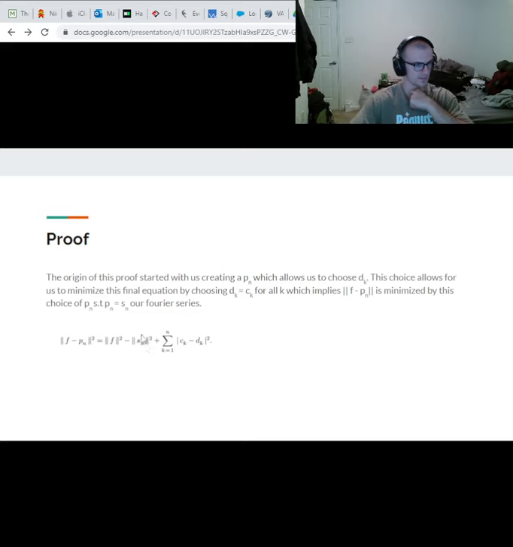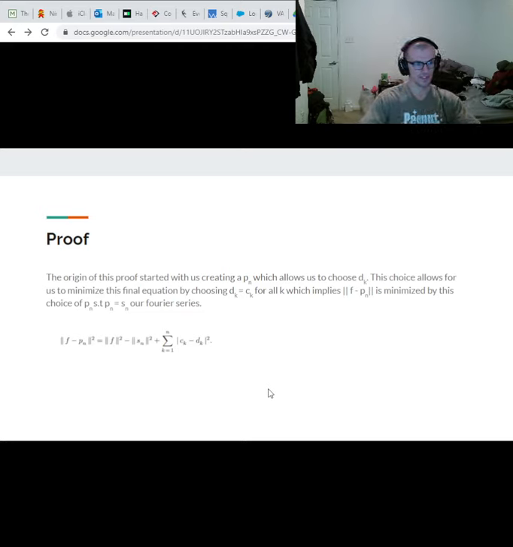S sub n is given to us within this proof because it all changes dependent on f. However, the constant d sub k is dependent on the p sub n that we choose at the beginning of the proof, similar to an epsilon delta, where you have the devil giving you a term.